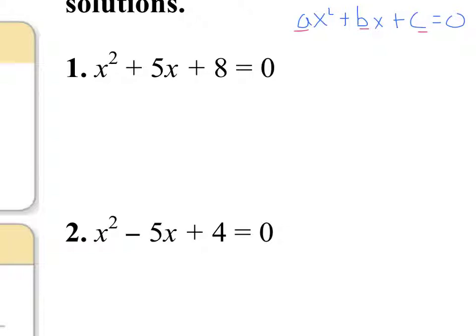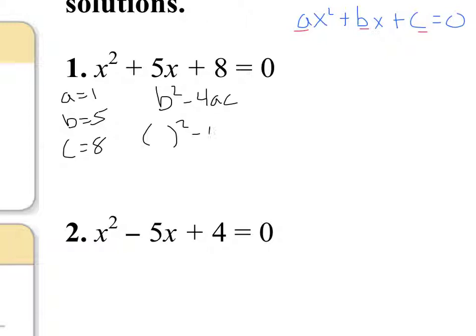So looking at example 1, a is 1, b is 5, c is 8. So we can take those three values and plug them into the discriminant, b squared minus 4ac. And I like to do that with open parentheses. That way I know I'm substituting in properly. So b is what I plug into the first set of parentheses, so that's a 5. A into the second set, that's a 1. And 8, which is c, into the last set.